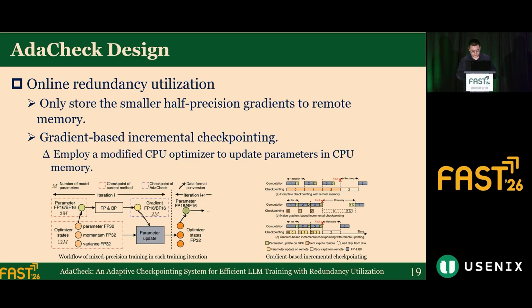Built on this, we propose a gradient-based incremental checkpointing method. In this method, gradients are offloaded to remote CPU memory, and a CPU-based optimizer updates model parameters remotely, thereby reducing the data transfer overhead during recovery.